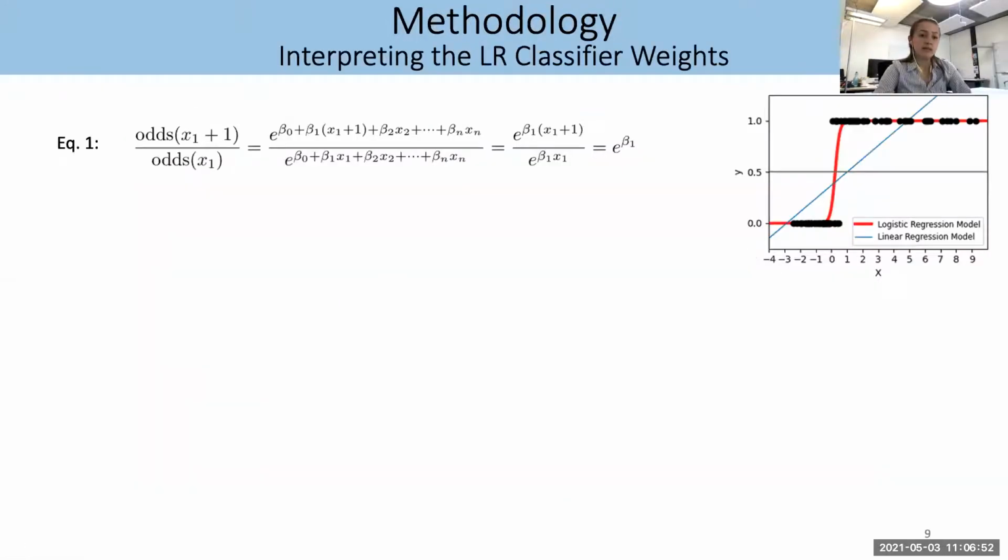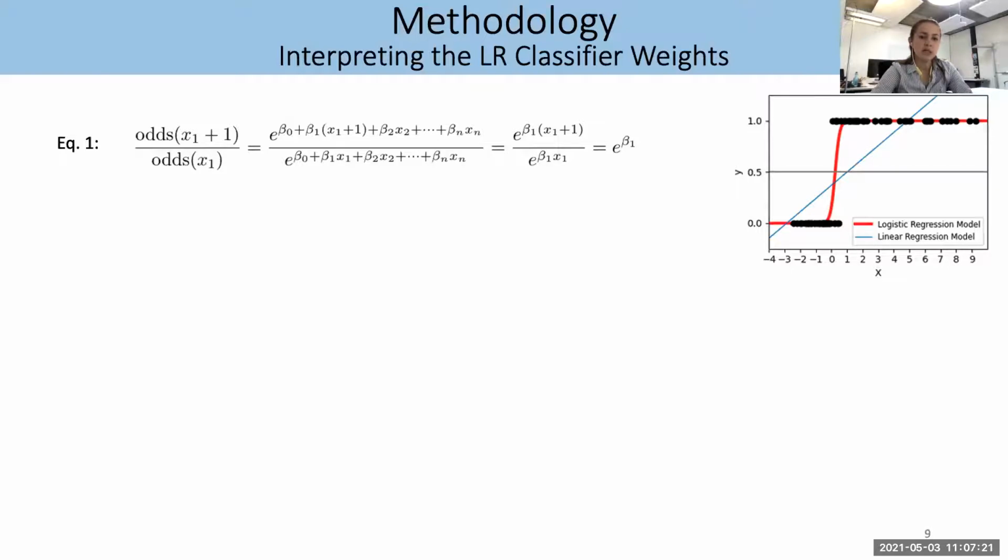To understand how to interpret the logistic regression classifier weights, it's important to understand where the classifier weights come from. As logistic regression is not simple like linear regression, what is necessary is to take the resulting coefficients, which are the log odds ratios, and exponentiate them to convert them to regular odds.